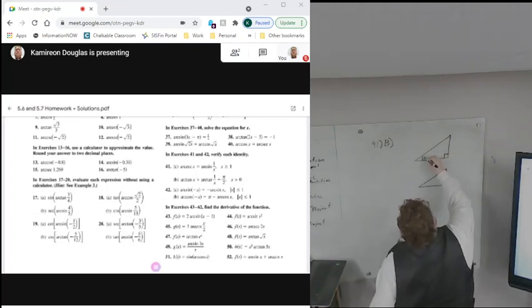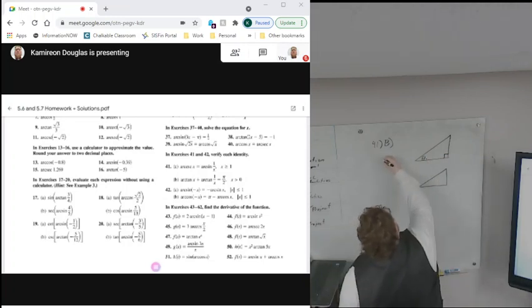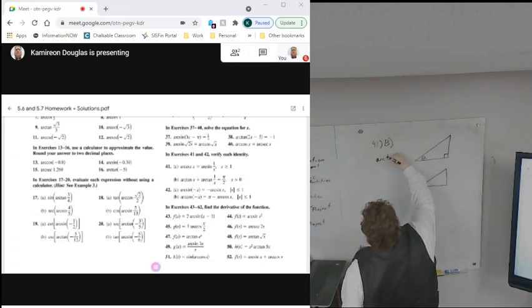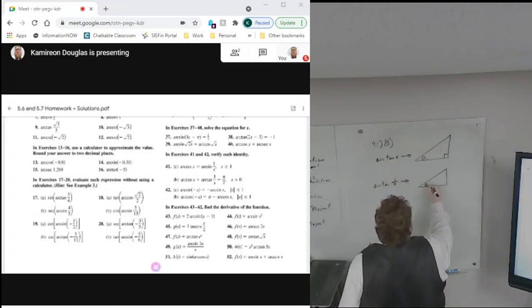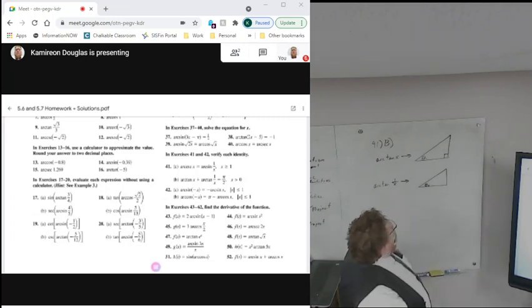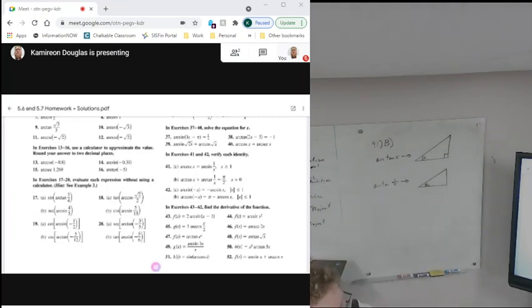I have the first piece, I'm going to call that theta 1, which comes from arctangent of x. So I'm going to use arctangent of x to create this triangle. I'm going to use arctangent of 1 over x to create this other triangle with theta 2, as I'm going to call it. The reason I have to use different thetas is I don't know if the angles are the same. And in fact, in most cases, they probably aren't going to be.